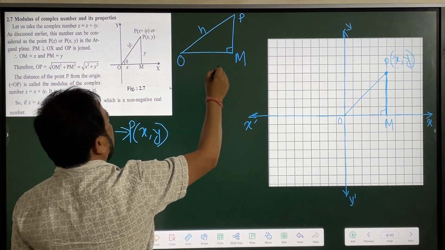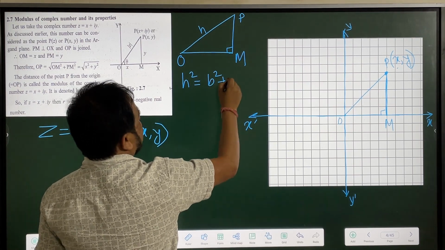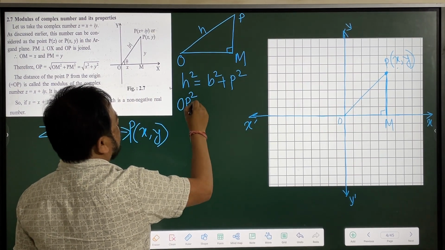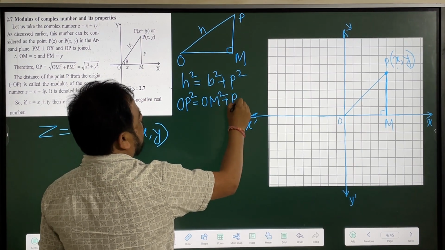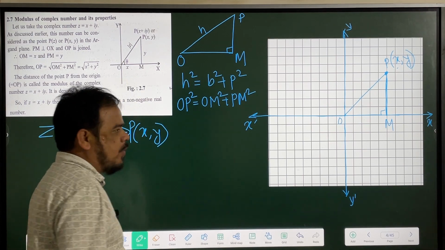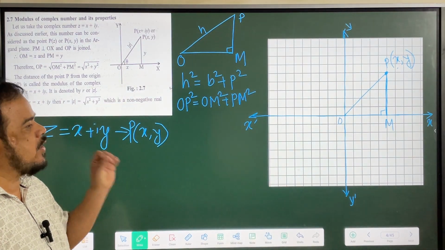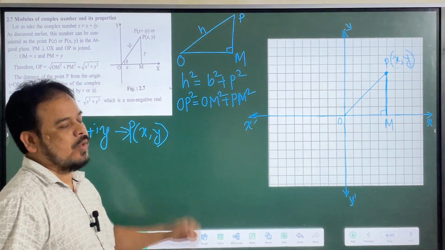We know that hypotenuse square is equal to base square plus perpendicular square. Here, what can be written? OP square is equal to OM square plus PM square. This is the Pythagoras theorem. I hope you know this one.